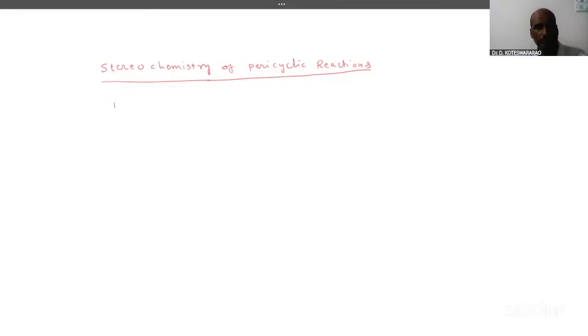In this, the first one is the stereochemistry of electrocyclic reactions.